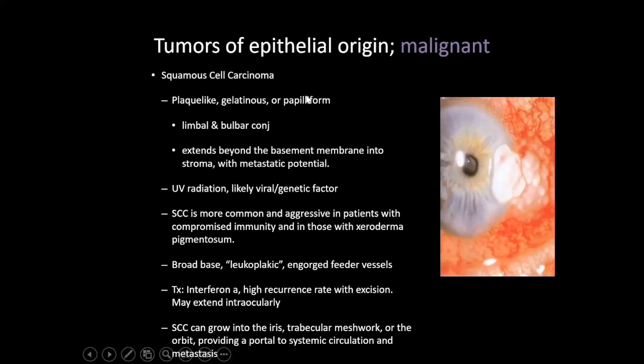So by histologic definition, when you have epithelial atypia that breaches the basement membrane, you have squamous cell carcinoma. It is CIN when the basement membrane is intact. These are the risk factors, and it's aggressive in people who are immunocompromised, particularly HIV/AIDS patients and people with xeroderma pigmentosum.